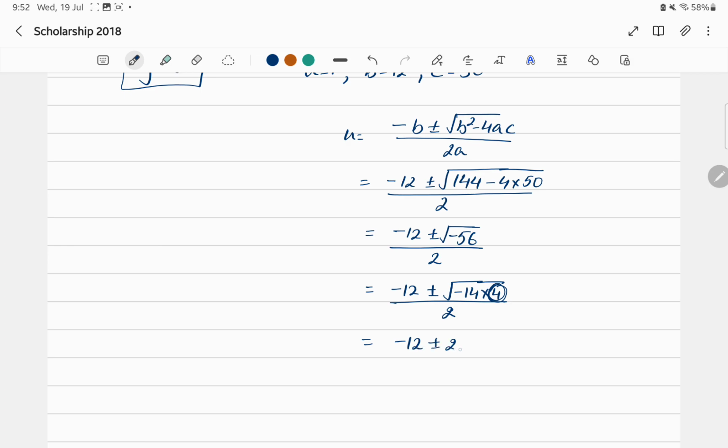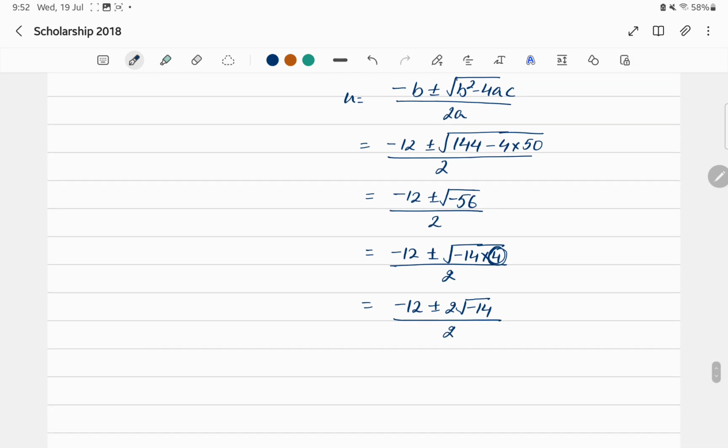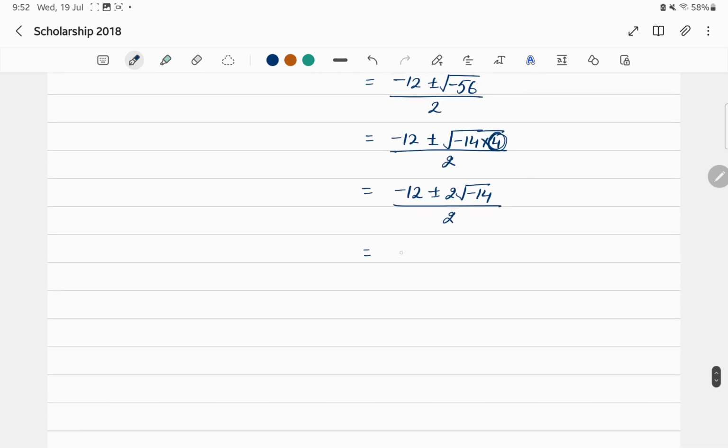So minus 12 plus or minus 2 times the square root of minus 14, over 2. That leads us to minus 12 over 2 plus or minus 2 over 2 times the square root of 14 times i. So the two values are minus 6 plus or minus the square root of 14 i.